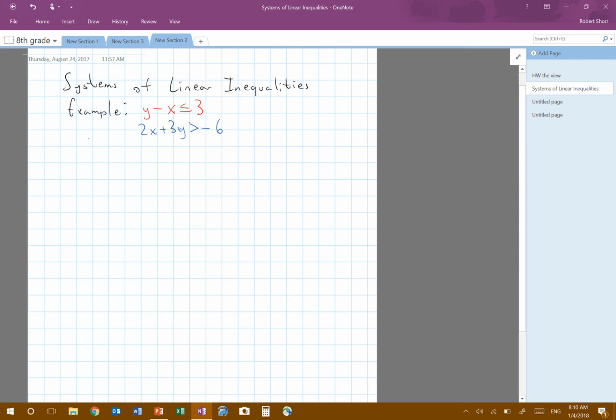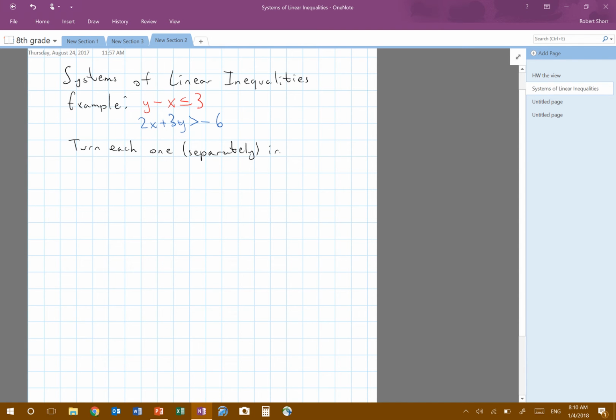The first thing to do is turn each one separately into a line, by which I mean write y equals mx plus b, so we can graph those.